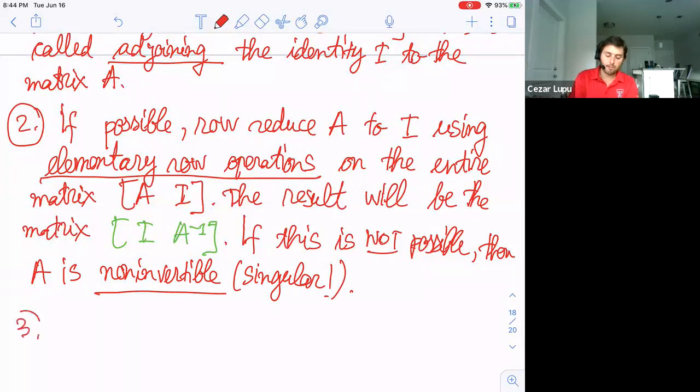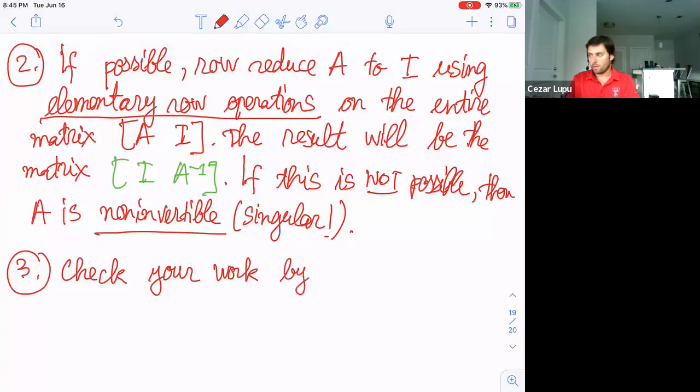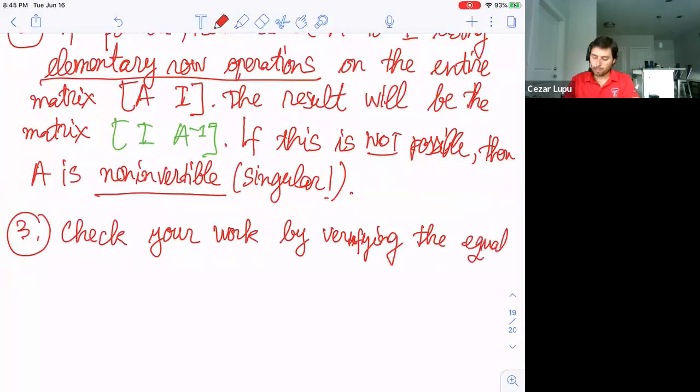And now the last step, because if we want to check if it's correct what we did, the last step: check your work by verifying the equality A times A inverse is the same as A inverse times A, and it is the identity.